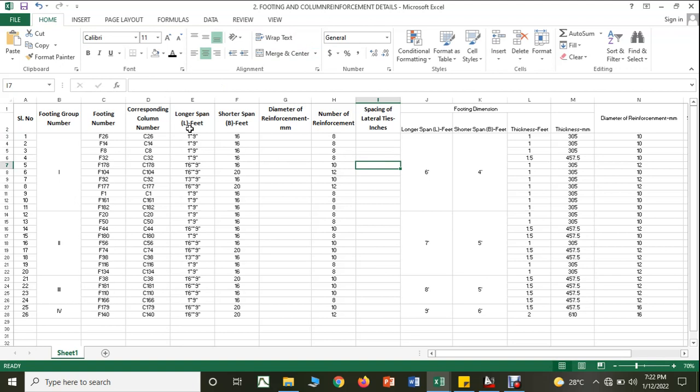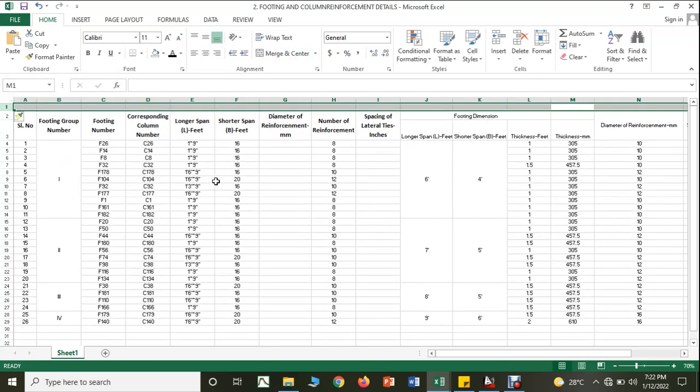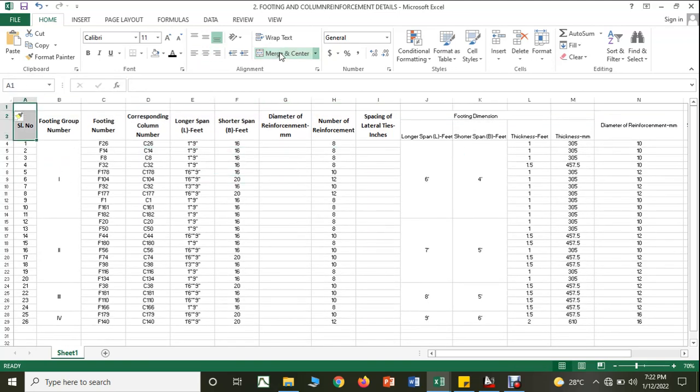Now this longer span, shorter span, diameter, so for all this I can insert one row at the top. So I can merge these two, merge these two, merge these two.